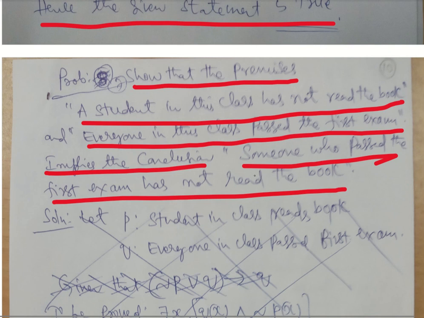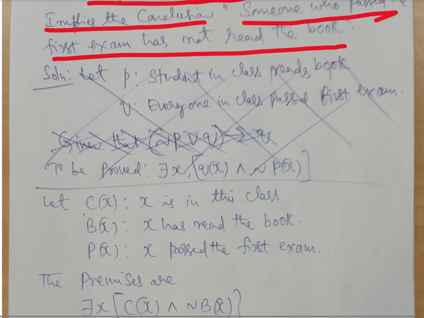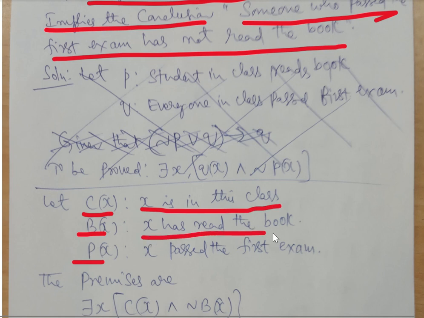So maybe it is confusing to start with; read it a couple of times and you'll probably get it, but split the given statement into individual premises or statements and you will probably get clarity. Let me consider C of x, C for class, B for book, and P for passing the exam. So C of x means some student is in the class, B of x means the student has read the book, and P of x means the student has passed the first exam.